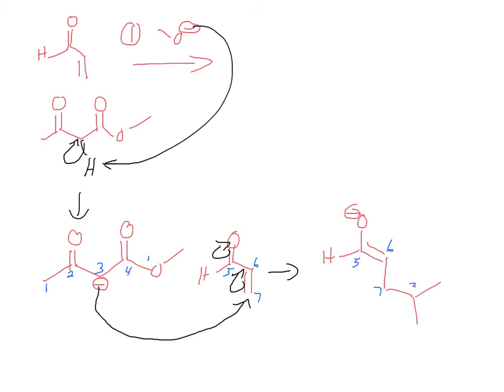So there's 3. 3 was also bonded to 2, which is bonded to 1, bonded to 4. Make sure these all numbers match up. 2, 1, 4. Missing anything? So far, so good? Okay.